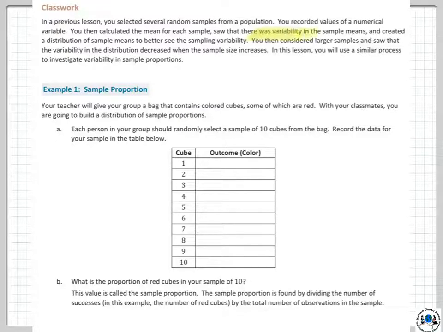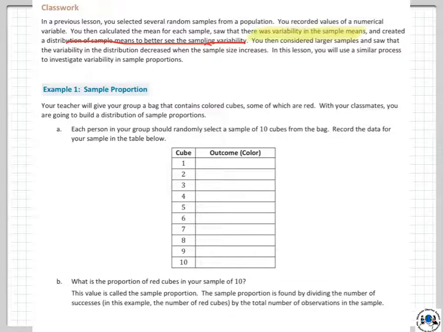That variability idea is very, very important to the world of statistics. It is something we cannot avoid, but we can kind of control it. We created a distribution of those sample means to better see the sampling variability. So we made our dot plots and looked at what it actually looks like and how variable our means were.